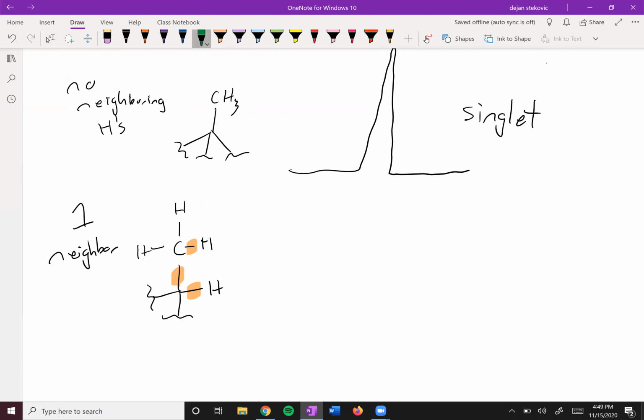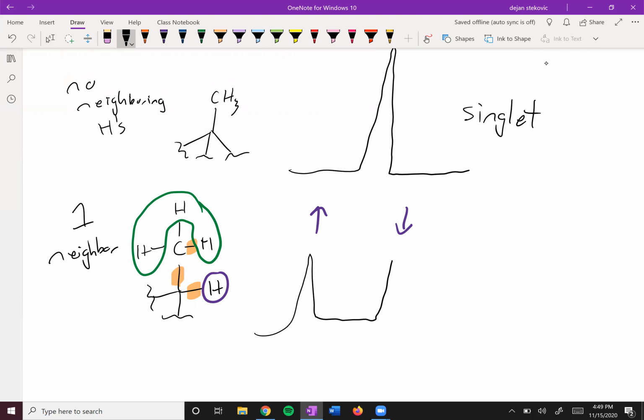And so now these 3 H's that we're looking at over here will be split by this other H. And so this other H that I'll color in purple here can either be pointing up or pointing down. And so it'll evenly split the peak into 2 evenly sized peaks. And so we call this a doublet, right? Because there's 2 peaks there.